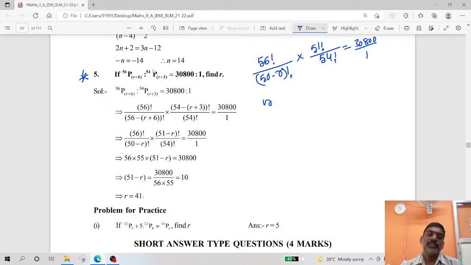Now 56 factorial can be written as 56 times 55 times 54 factorial, and this 50 minus r factorial we can write as it is.